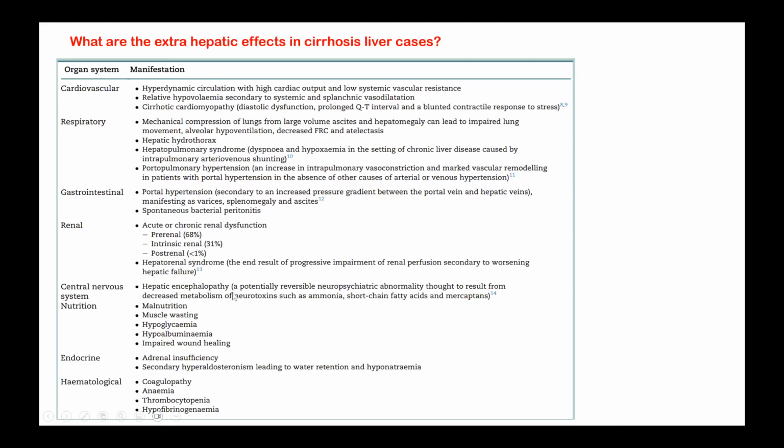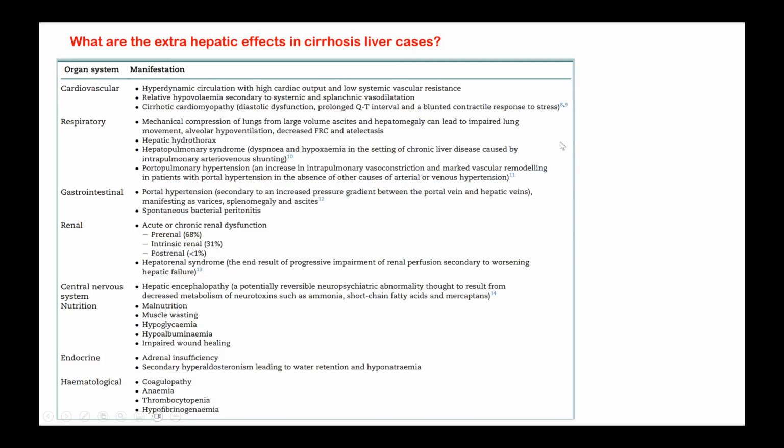In central nervous system, hepatic encephalopathy, potentially reversible psychiatric abnormality, and other things. Nutrition, you have malnutrition, muscle wasting, hypoglycemia, hypoalbuminemia, etc. Endocrine, adrenal insufficiency, secondary hyperaldosteronism, and hematology can have coagulopathy, anemia, thrombocytopenia, or hypofibrinogenemia.